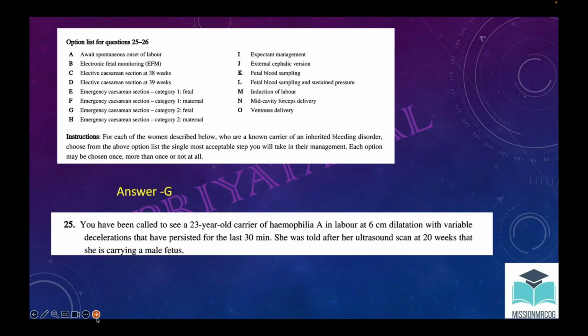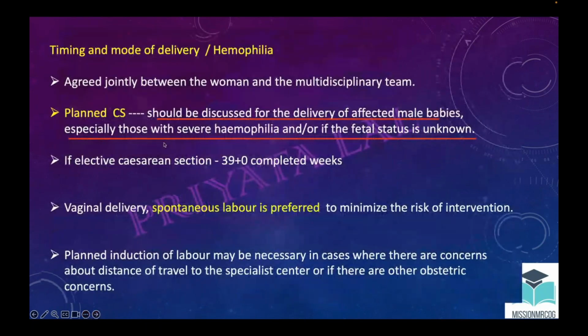It is not pathological CTG. Variable decelerations are there without any features. Not even a number sign. So this is normal kind of CTG. So you can do category 2 cesarean section. This is in the guideline: planned cesarean section to be discussed for affected male baby, especially in severe hemophilia, or if the fetal status is not known.